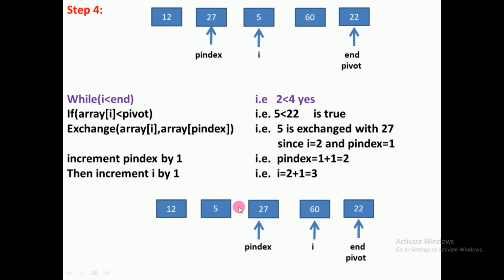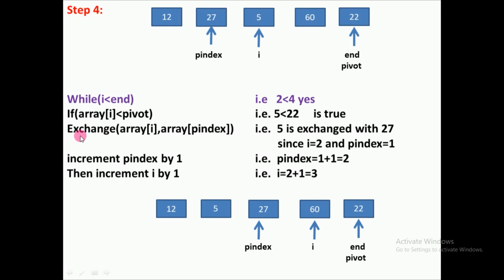In the next step, again it will go back to the while loop. While I less than end, that is 2 less than 4, yes. Then it will take the next statement. If array of I less than pivot, that is 5 less than 22, yes, it's true. Then it will move into the true part of the if statement.